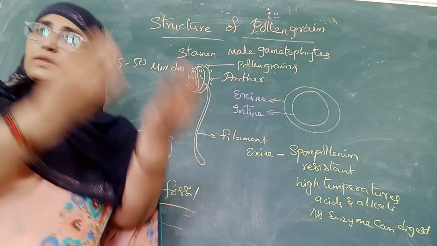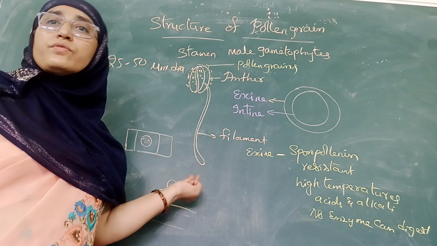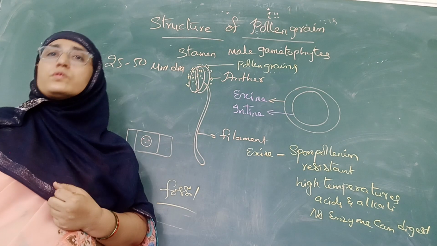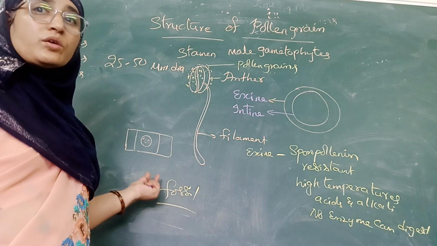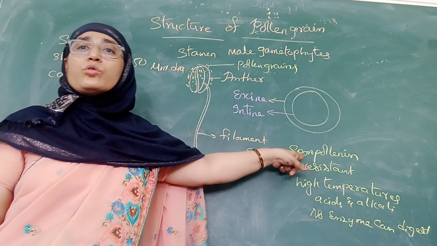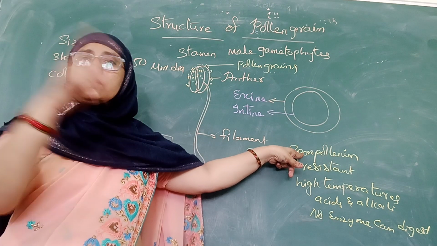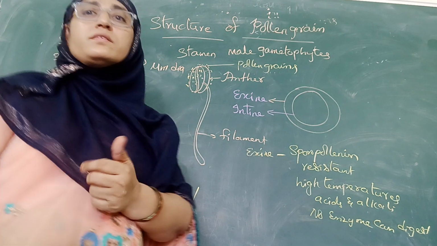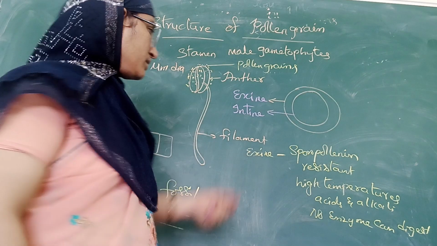So the pollen of such a plant may be collected and stored as fossils, for future studies. Because of what? Because of the presence of sporopollenin, the strong, tough material present in the outer layer, the exine of the pollen grain. Have you understood? Right. Next.